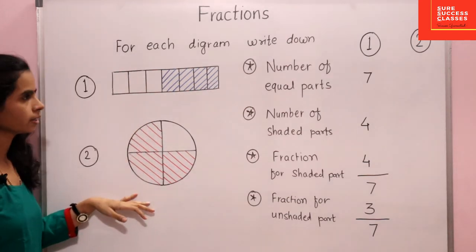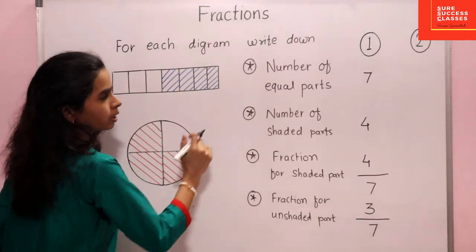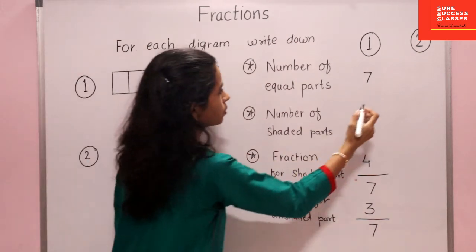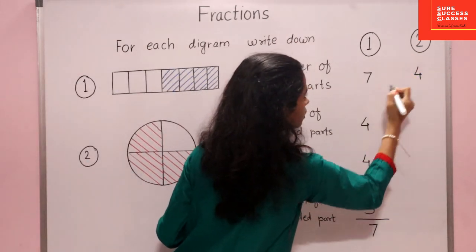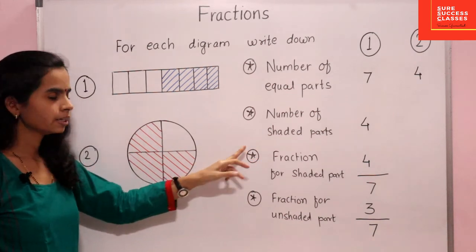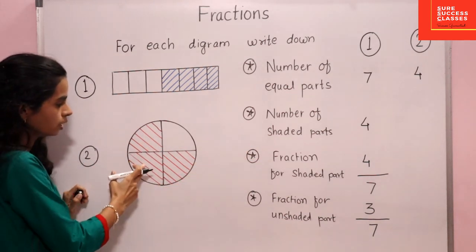And in the next diagram, number of equal parts are 1, 2, 3, 4. We will write the number of equal parts as 4. Number of shaded parts are 1, 2, 3.